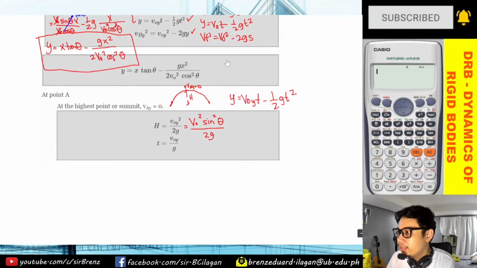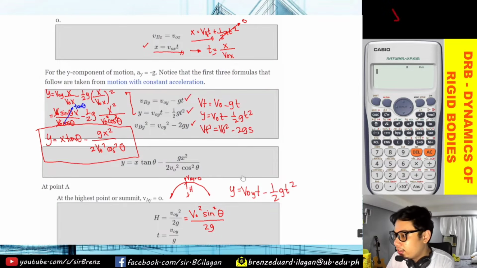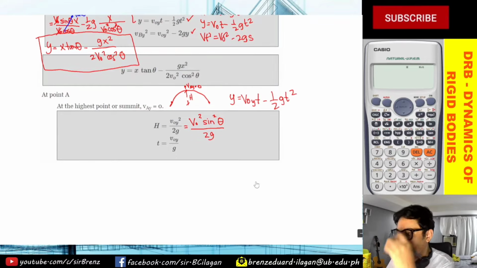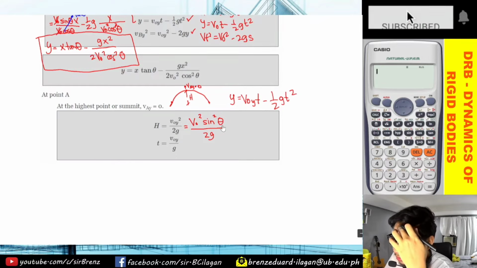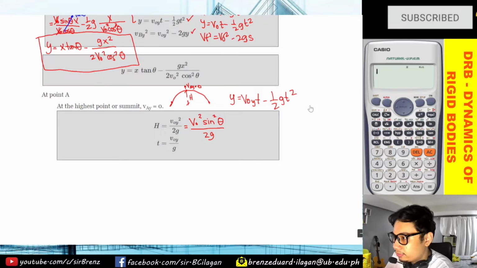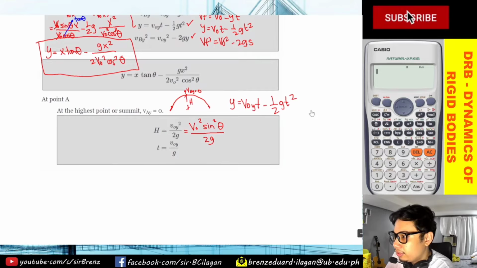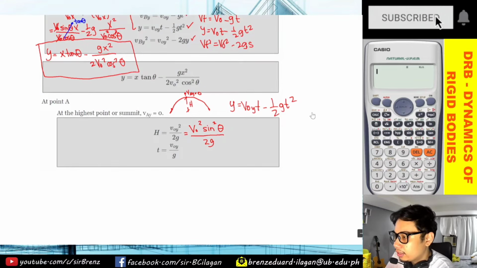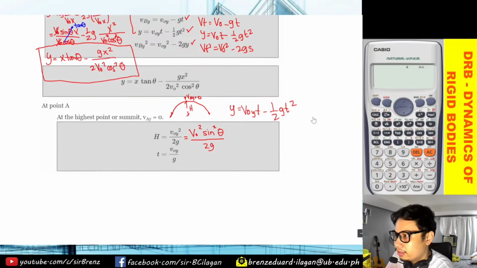Okay? And siguro gamitin rin natin ano bang equation ang pinapalabas na? Ito. So, kailangan natin makakuha ng relationship ng time with respect dun sa V0. So, para doon sa mga theta, since V0y nakalagay dyan, so, i-V0 natin sine theta.